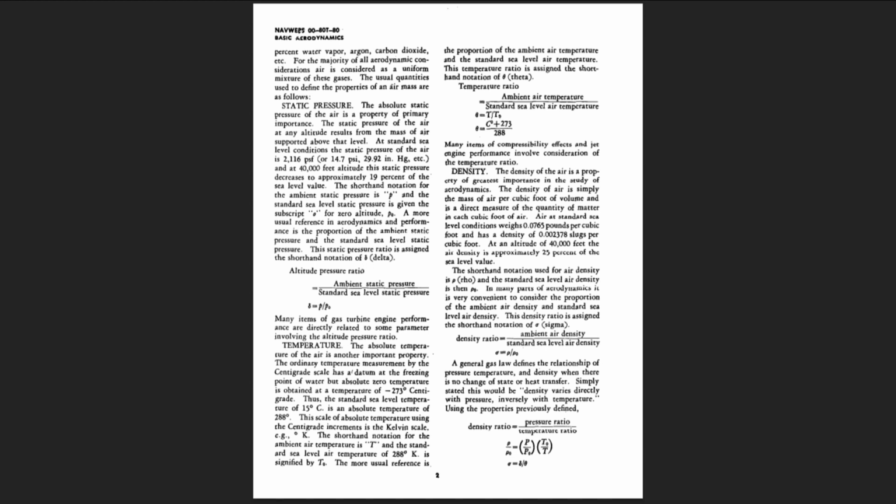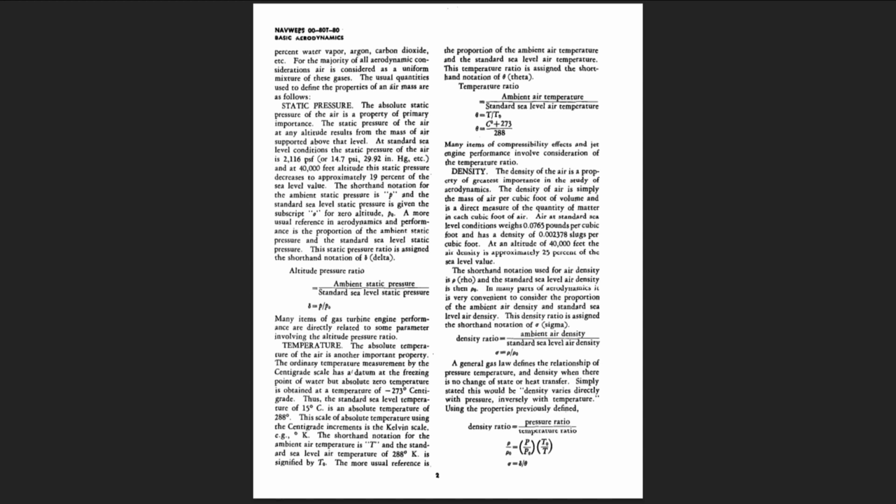The shorthand notation for the ambient static pressure is lowercase p, and the standard sea level static pressure is given the subscript naught for 0 altitude, lowercase p naught. A more usual reference in aerodynamics and performance is the proportion of the ambient static pressure and the standard sea level static pressure.